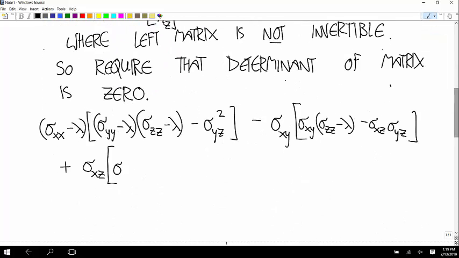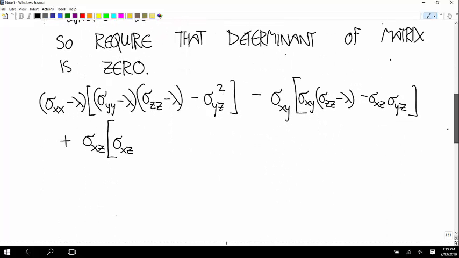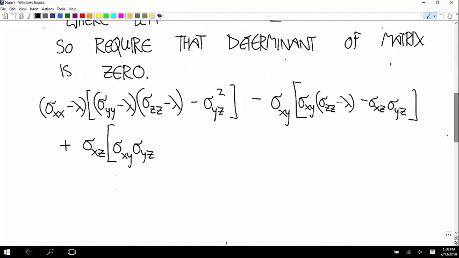sigma xz times, no, xy minus yz. And then minus xz times the quantity sigma yy minus lambda.